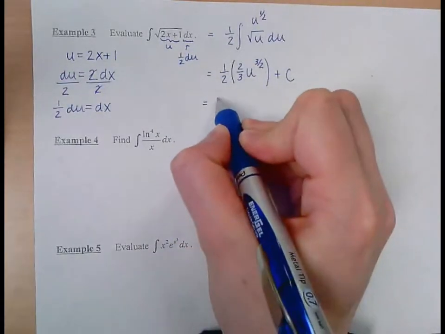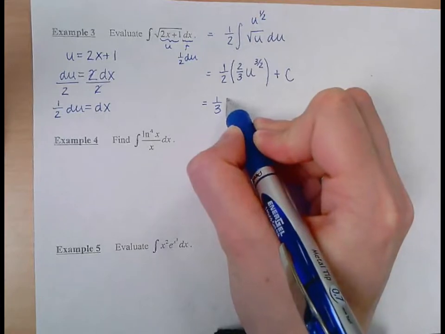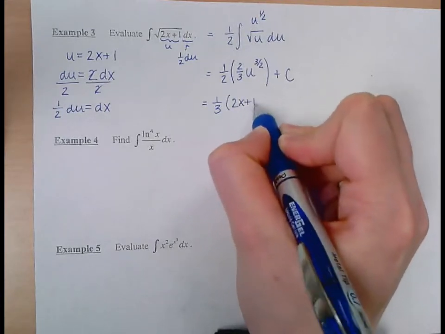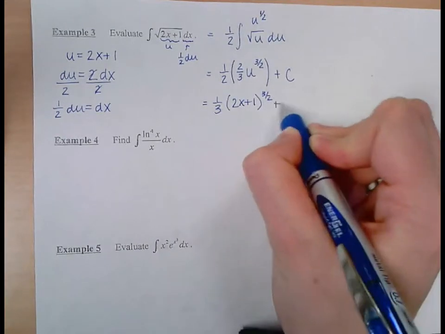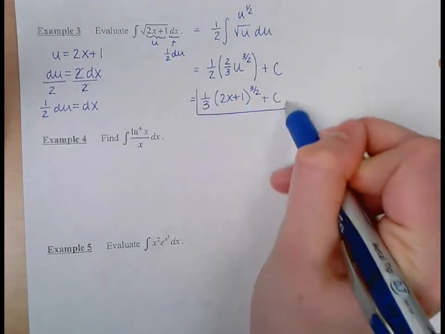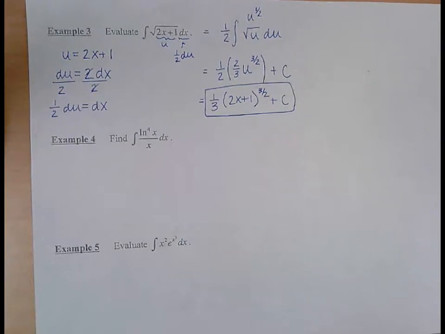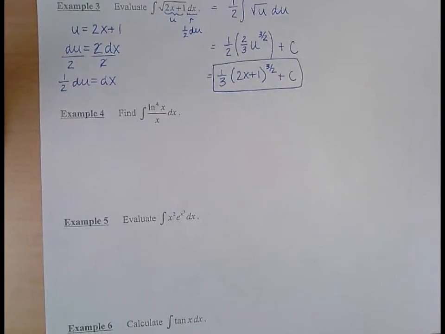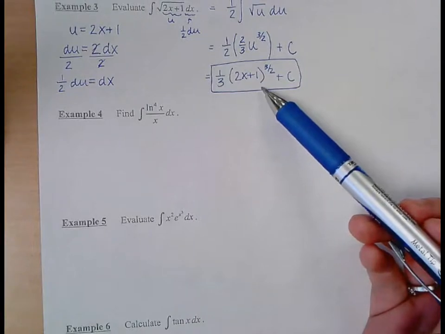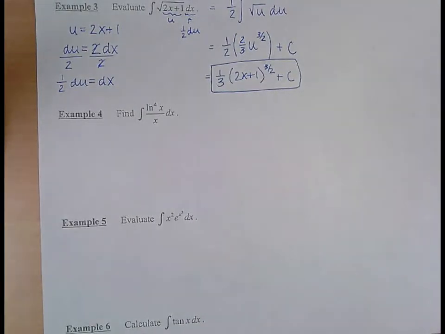So we have 1/3 times the quantity 2x plus 1 to the 3/2 plus c. Yeah, they might have this one written as the square root of that quantity cubed.